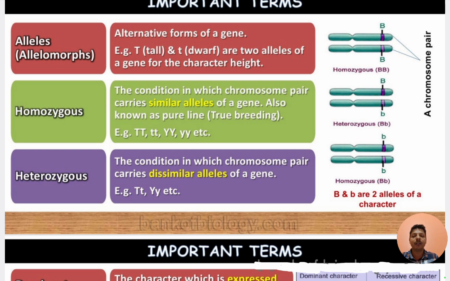Example, capital T small t. Here you can see in this diagram, a chromosome pair is given. It is a homozygous one, then heterozygous, and homozygous. Capital B and small b are two alleles of a character.